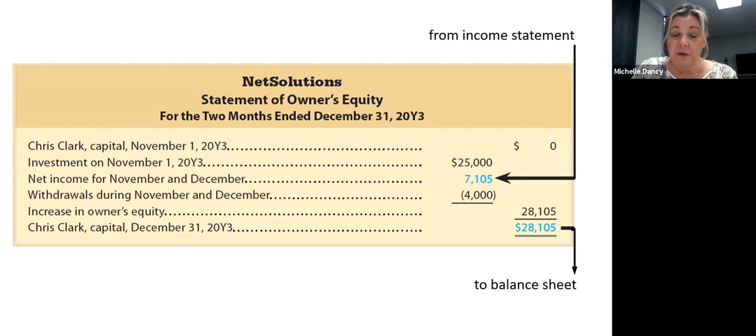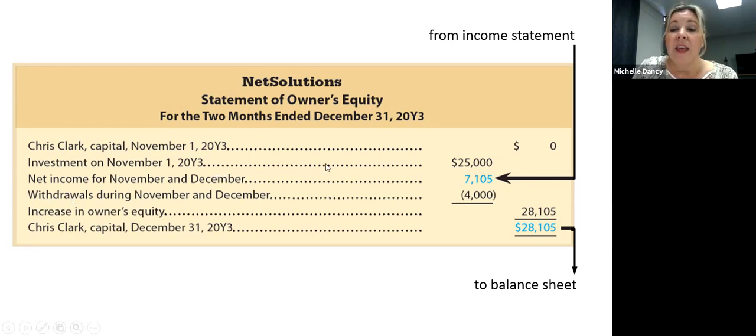So go back and look at those. We're still saying beginning capital plus any investments plus net income minus withdrawals gives me ending capital. And just make sure we understand, anytime you see this, you could see the word less in front of it, less withdrawals. Less just means we're subtracting, minus.